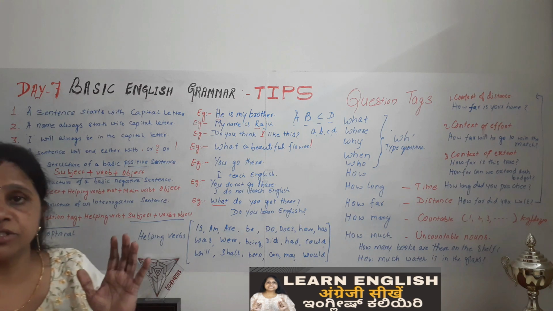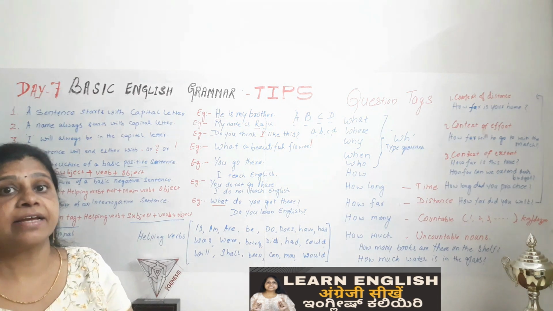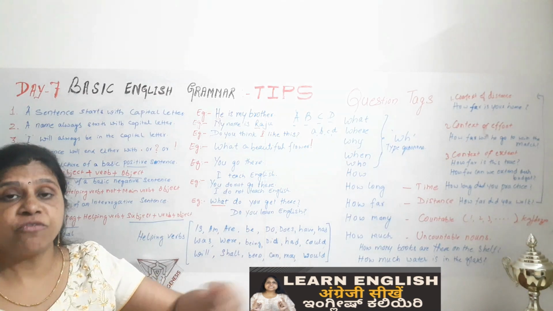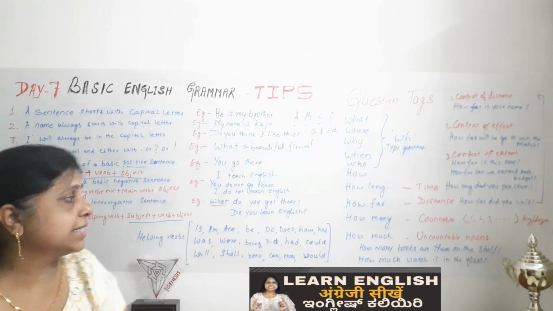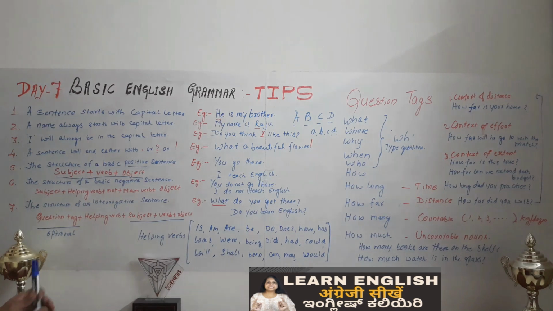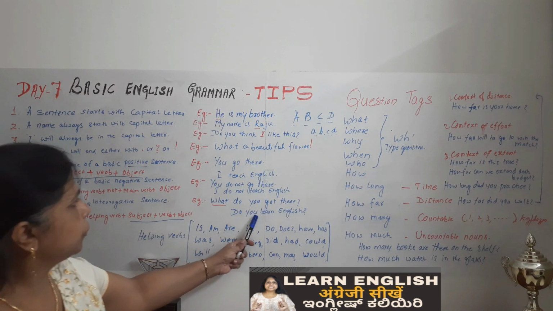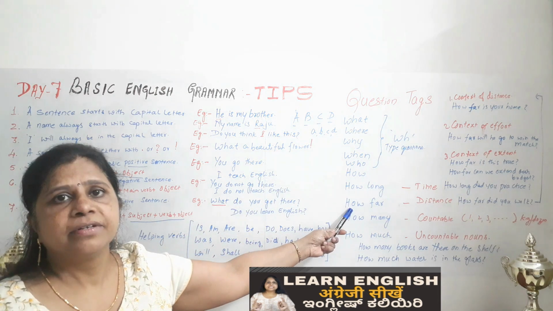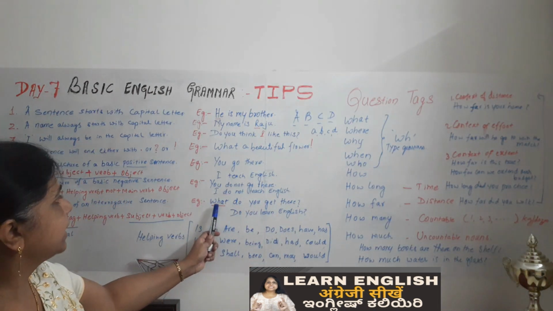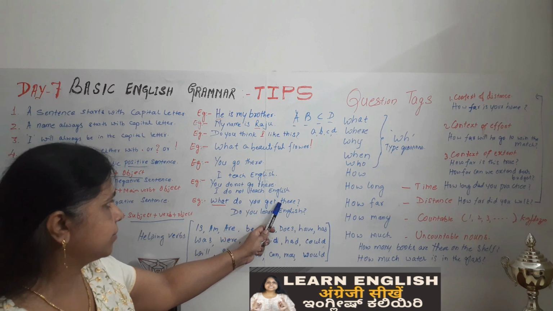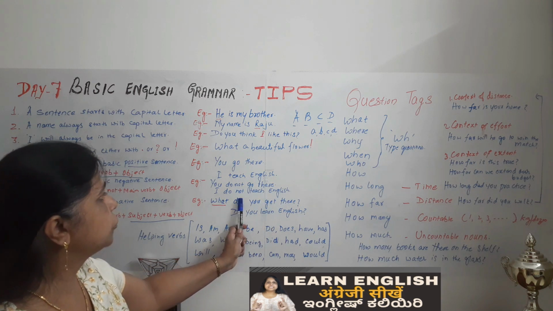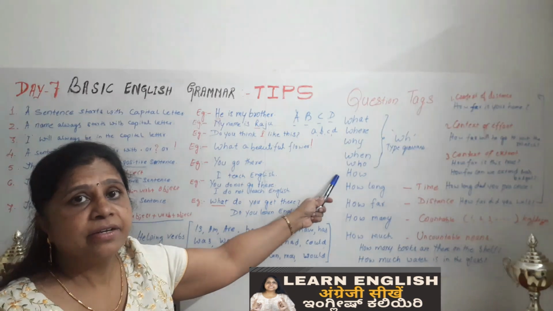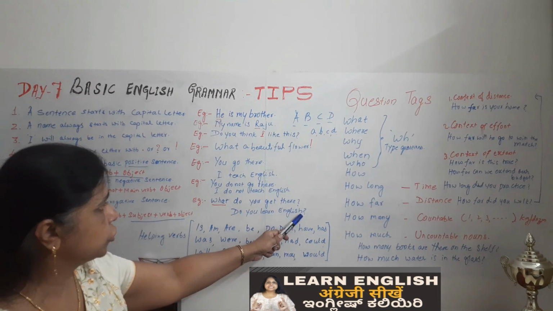It comes in a few sentences like what is your name, where are you going. Whereas if you see do you learn English, we don't have a question tag. We have the question tag in what do you get there. This is also a question, this is also a question.